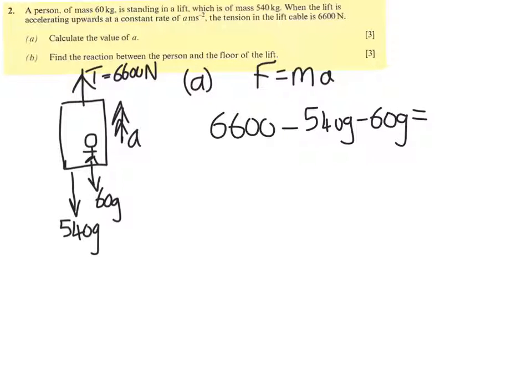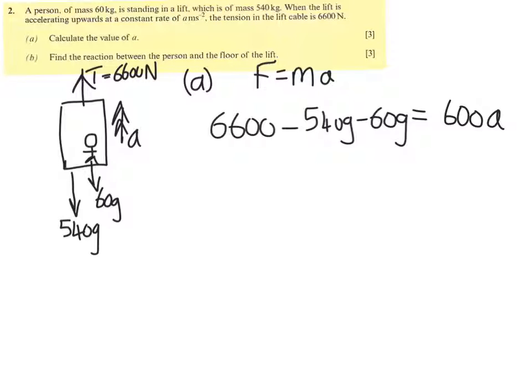And then what have we got? That equals the mass times acceleration. Remember, it's the mass of all of this, so that's the lift and the man. Their two masses, 540 plus 60, is 600, multiplied by acceleration, which is what I want to find.